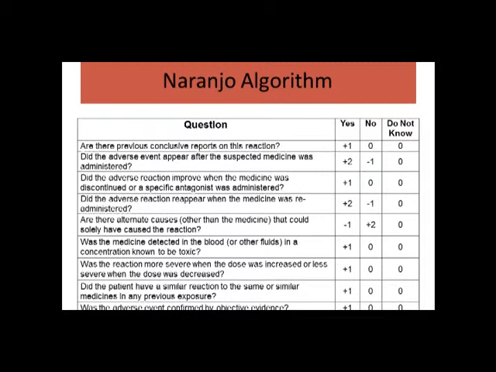There are a few other things that you as a doctor or as a healthcare professional might be asked to fill in if an ADR is detected, and that is called Naranjo's algorithm. It has the yes, no and don't know kind of options for all the questions asked about the drug reactions.